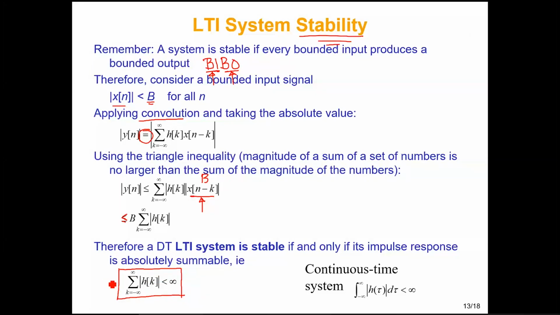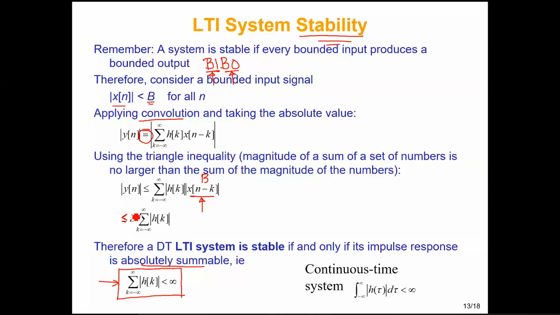Now the way we actually talk about this term is, we say that your impulse response is absolutely summable. If our impulse response is absolutely summable, then you would see that your output will always be bounded for bounded input.